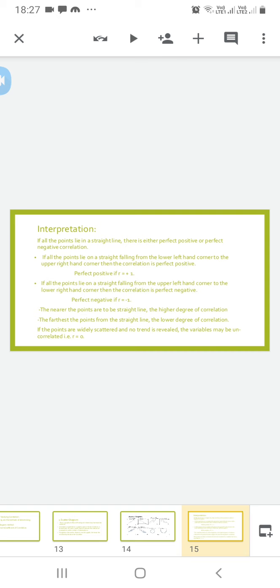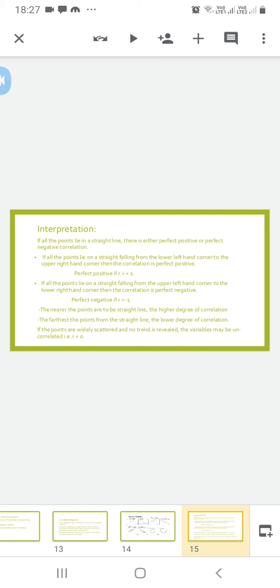If all the points lie on a straight line falling from the upper left hand corner to the lower right hand corner, the correlation is perfect negative, that is, r is equal to -1.